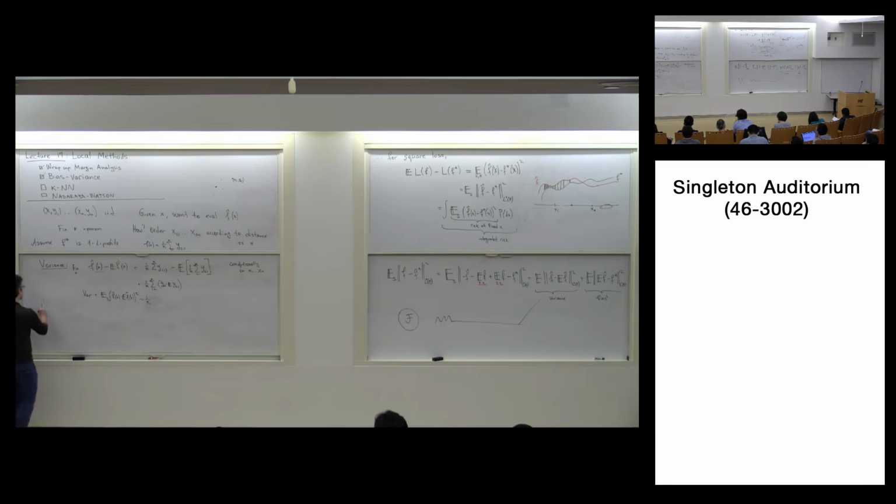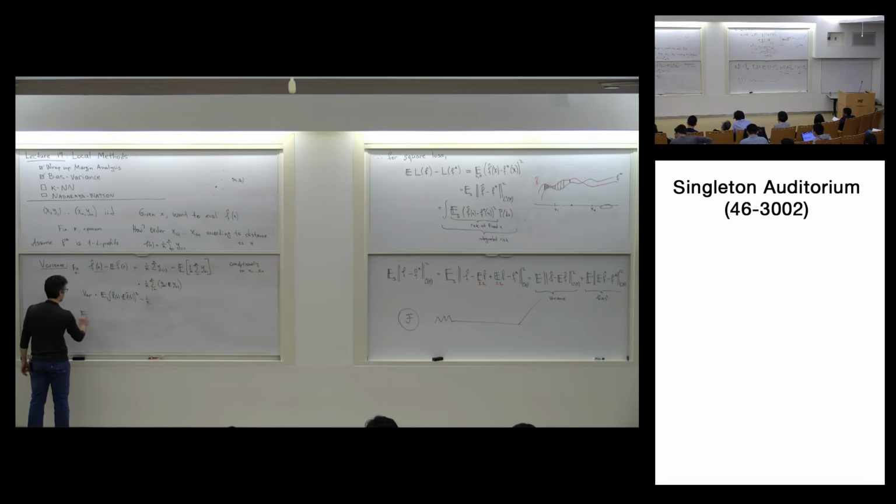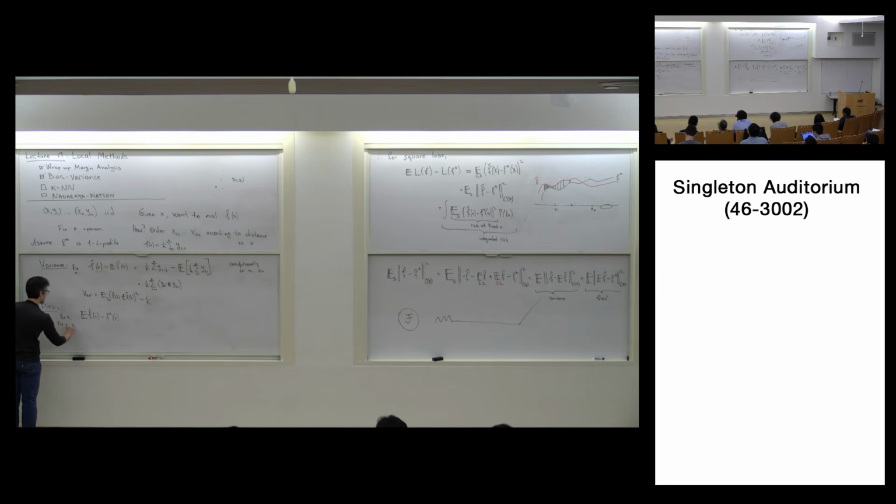Let's look at the bias. The bias term is a little bit more tricky. Let's look at the expected value of f hat of x minus f star of x. Again, fix x, and also let's fix x1 through xn. Okay?